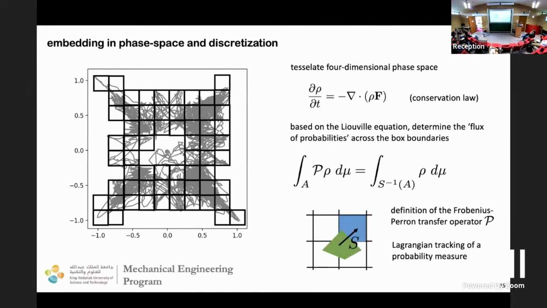So now we have to go back to our conservation law. This one was the continuous version of the Frobenius-Perron operator, which is the evolution of probability density. Okay, so this is the Liouville equation. That one defines the flux of the probability across a box boundary. So if you do a propagation operation integrated over one finite volume in phase space, this is what you get.